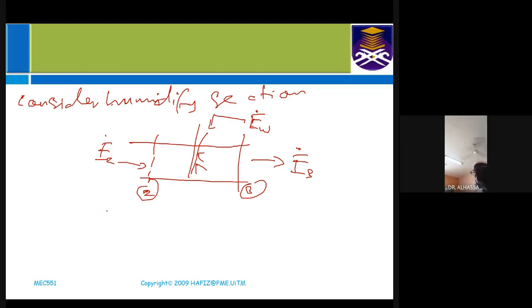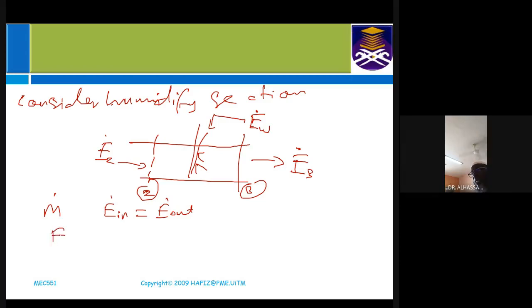As far as this equation is concerned, we will have the total energy in equals the total energy at the outlet. So what is the total energy in?